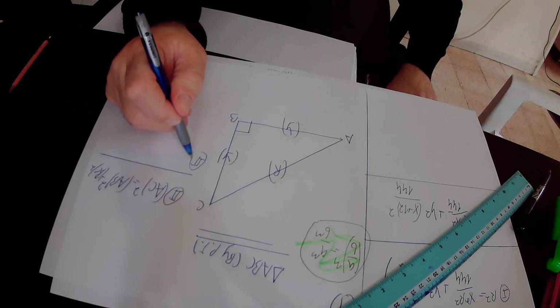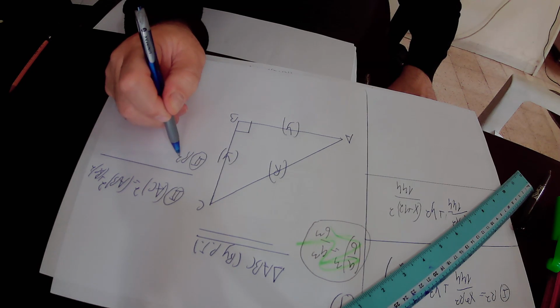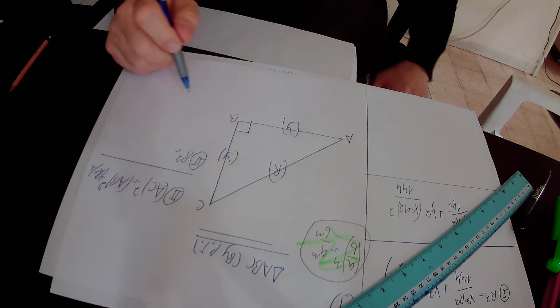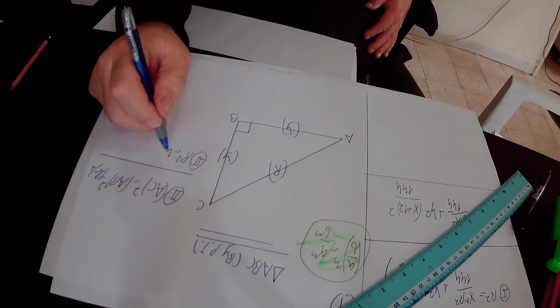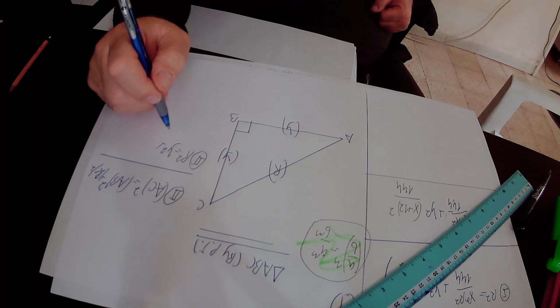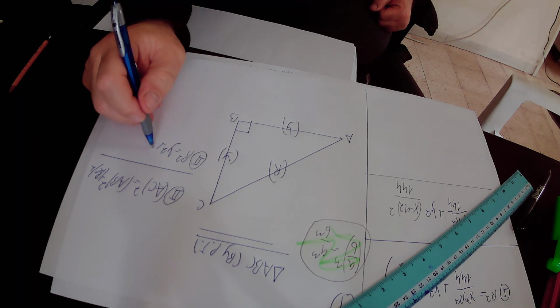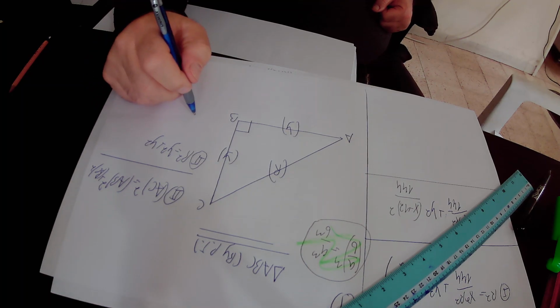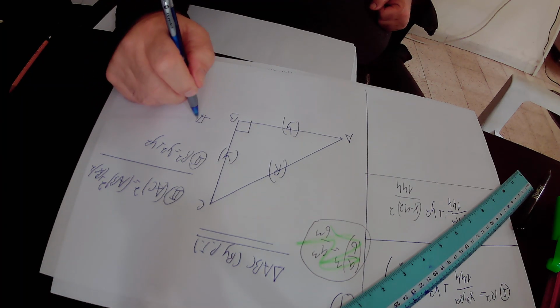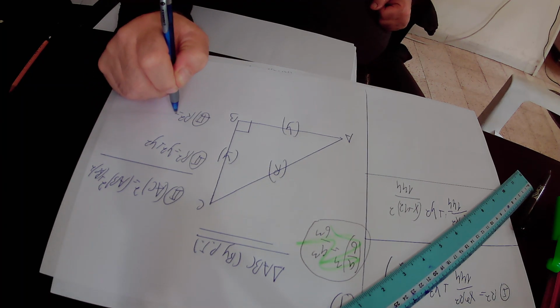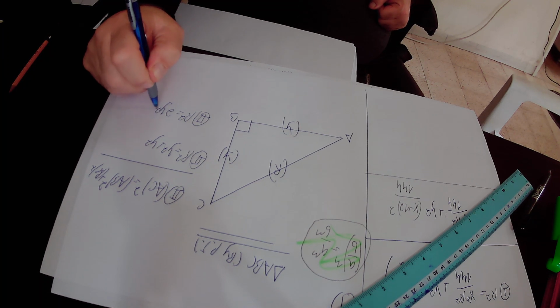AC is R, therefore AC squared is R squared, and it equals AB squared. AB is Y, therefore AB squared is Y squared, plus BC squared. BC is also Y, therefore BC squared is Y squared. So in conclusion, according to equation 2, R squared equals 2Y squared.